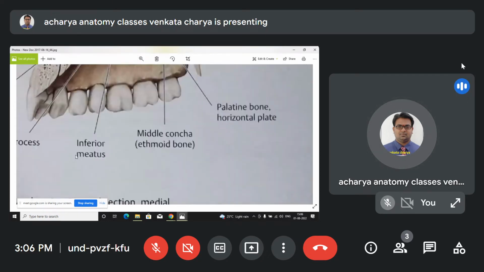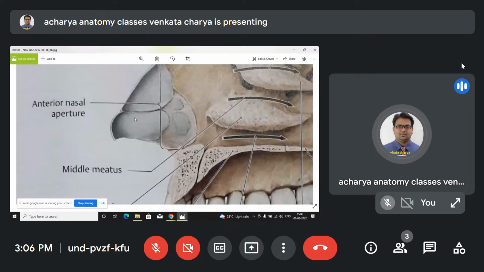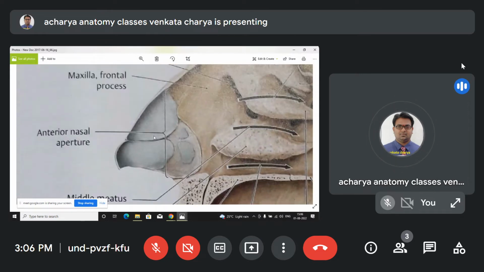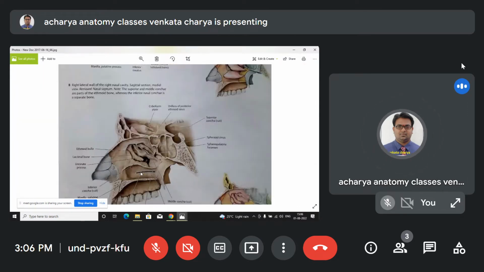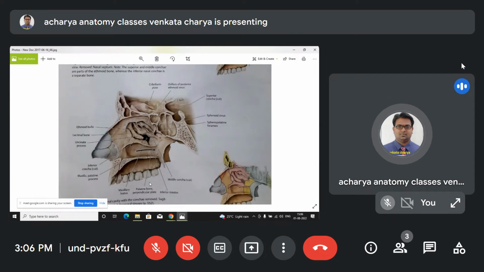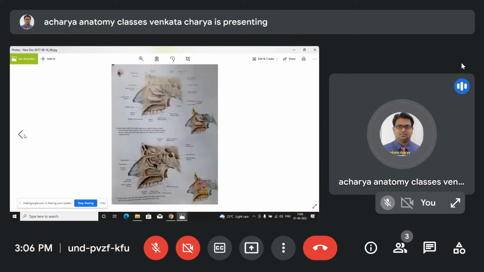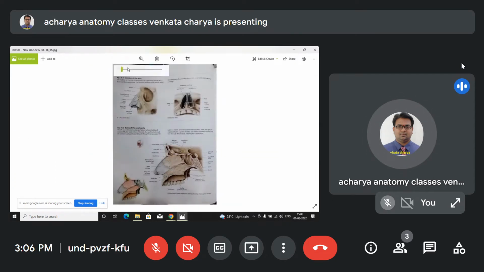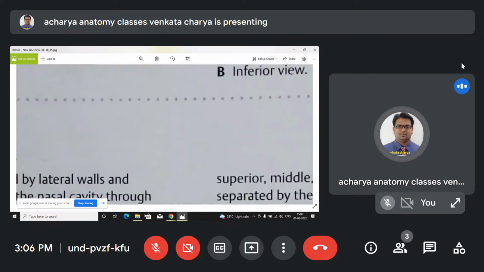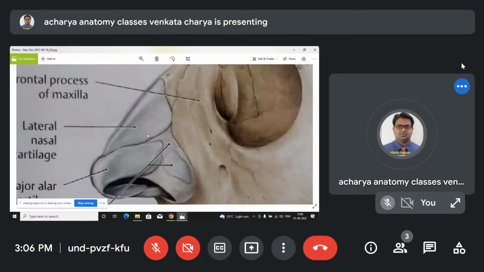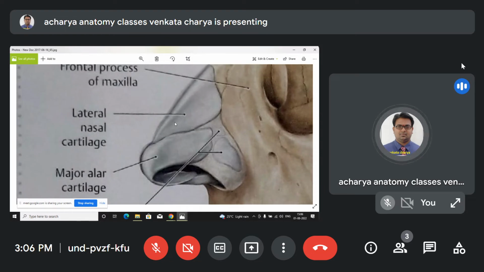Here we get the cartilage, and this cartilage is nothing but hyaline cartilage. The lateral wall of the nasal cavity also has cartilage, the lateral nasal cartilage, which is also hyaline cartilage.